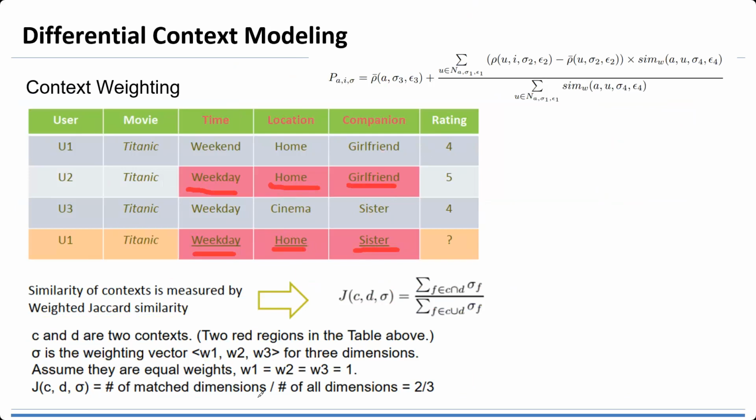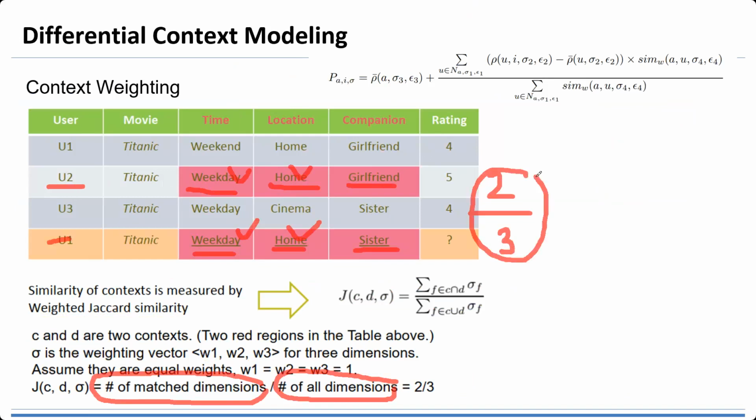It means the number of all matched dimensions divided by the number of all dimensions. So 2 are matched among 3 different dimensions. So the similarity of those two is 2 divided by 3.